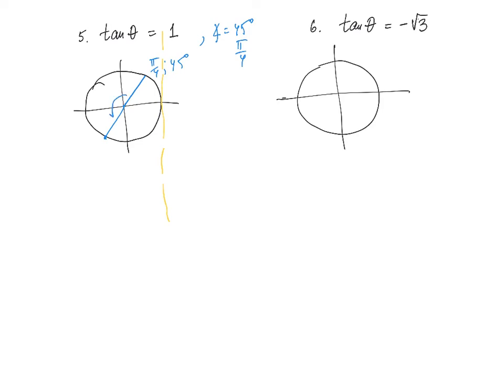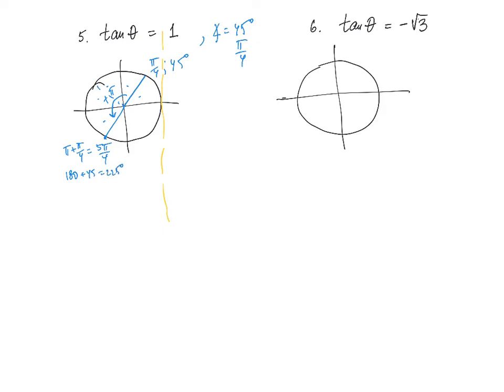To get here, you need to add half the cycle, or pi, or 180 degrees. So pi plus pi over 4 is 5 pi over 4, or if you're in degrees, it's even easier, 180 plus 45, so it's 225 degrees.